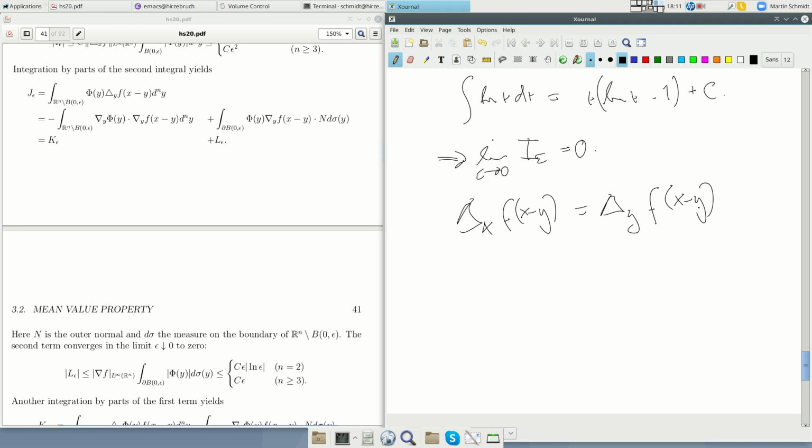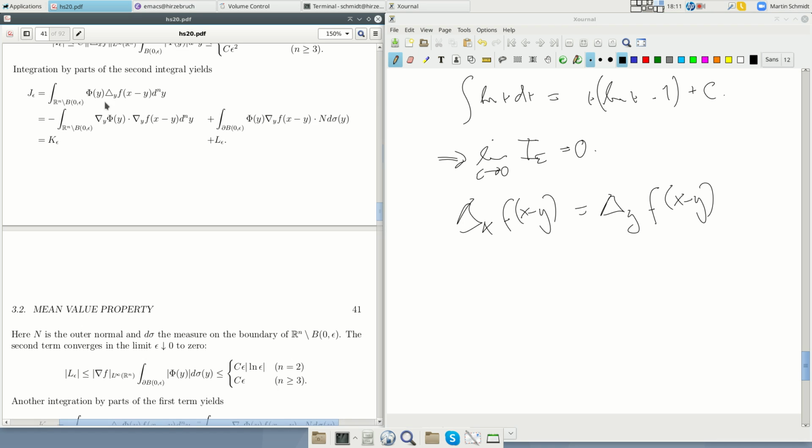Because as a first derivative we get a minus, since we have a minus here, but for the second derivative we have the same. So we may replace f here. Instead of the derivative with respect to x, we take the derivative with respect to y.